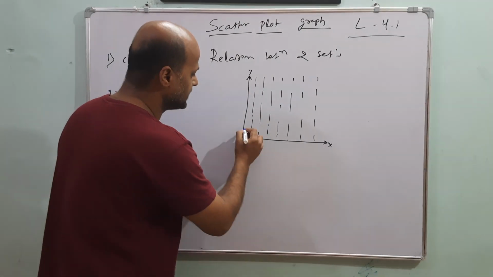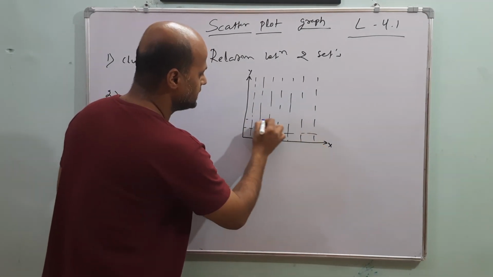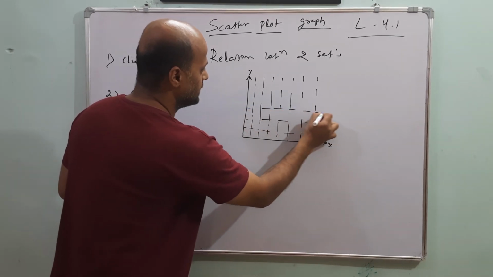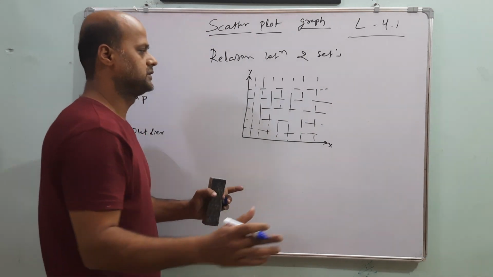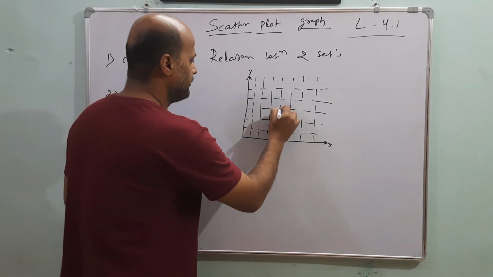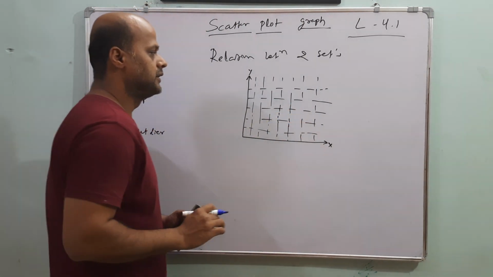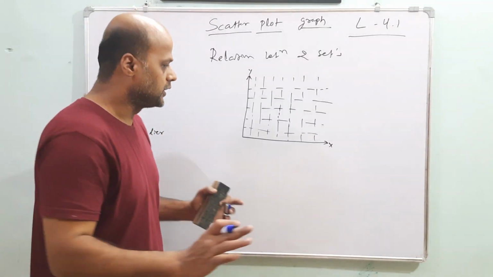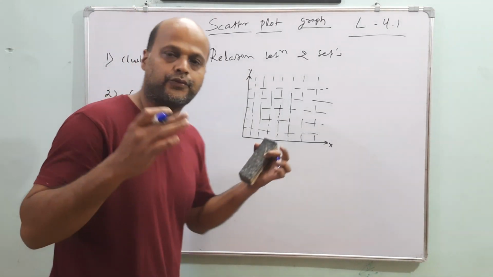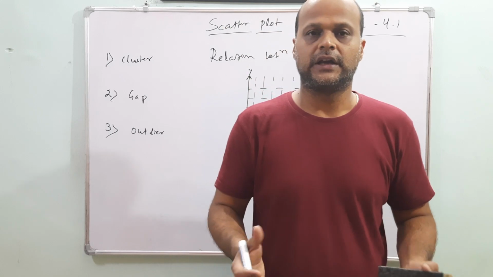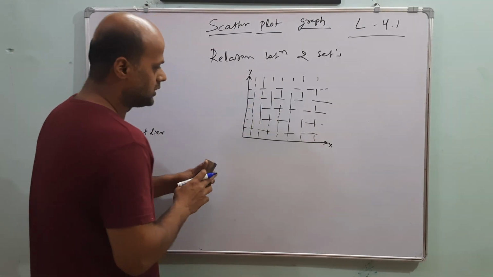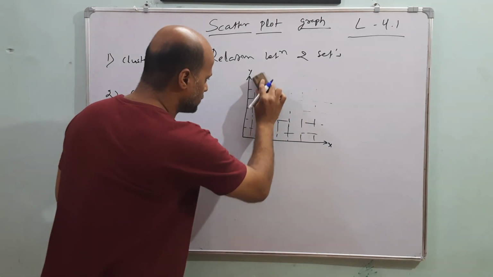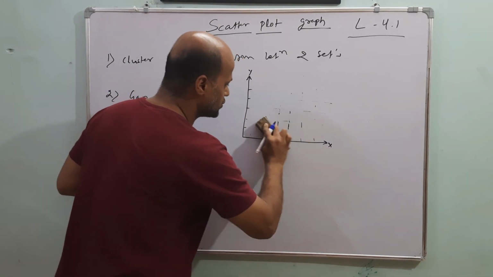Now this is the y axis, and the x axis is also like this. From the given data, if I draw a graph, how will it look? The points are coming; I will clear this so that you can easily understand.